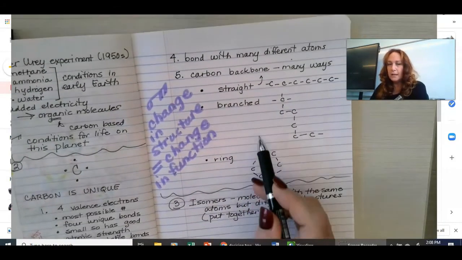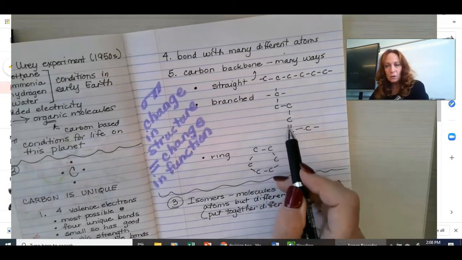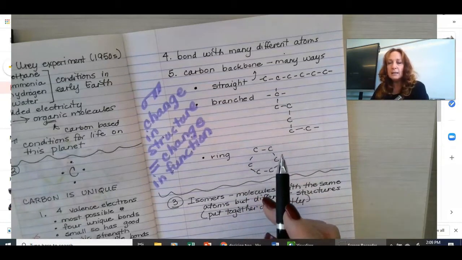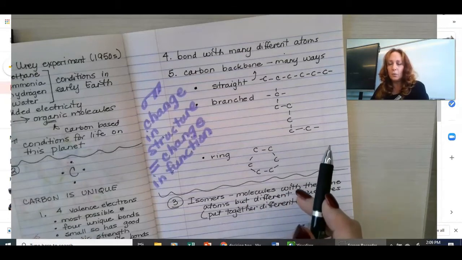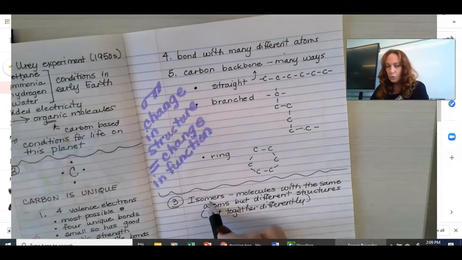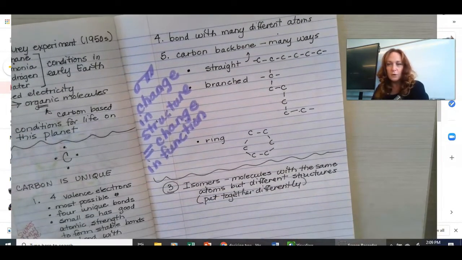Most of the time it's branched. It can be in what's called a chair. But when it goes into water, it becomes a ring. So it's always going to lean toward the most stable form based on the conditions it's in. So isomers are all the same atoms, C6H12O6 for glucose.